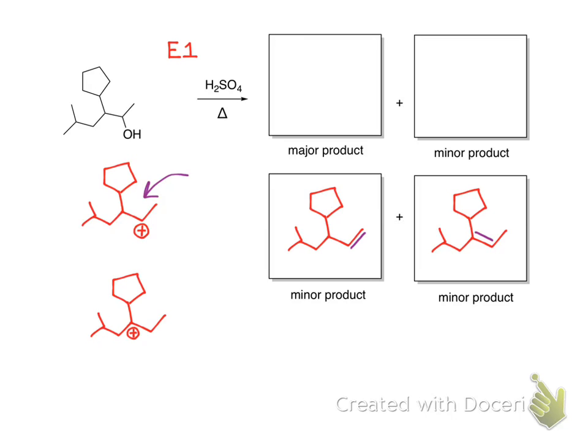Now, let's see what our tertiary carbocation intermediate can afford. We could take a proton from this carbon, because it has a proton that can be abstracted, which would collapse the double bond right into here, which would give us this, which is also a minor product. Well, when are we going to get to the major product?